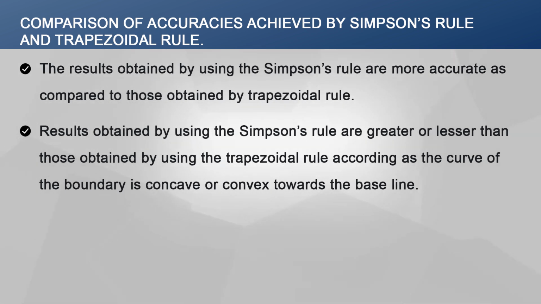Whether results obtained by using the Simpson rule are greater or lesser than those obtained by using the trapezoidal rule, according to whether the curve of the boundary is concave or convex, there is no such foundation that the Simpson rule will give a higher result than the trapezoidal rule. It may give a higher result, it may give a lower result, based on the nature of the curve.